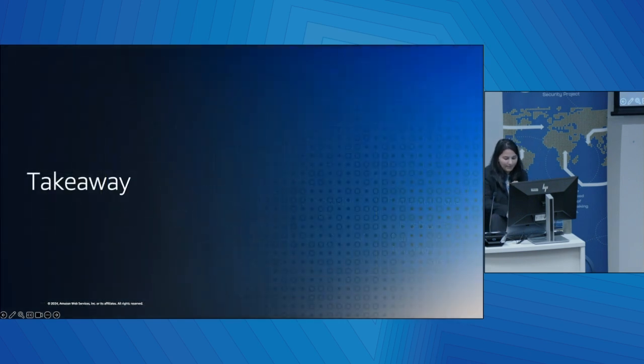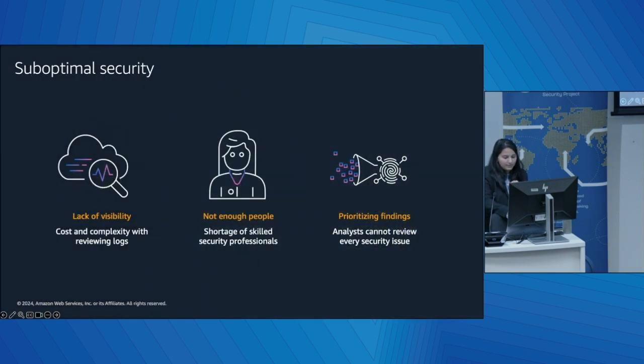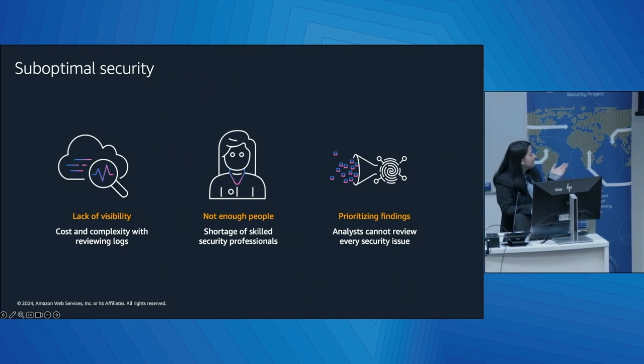Usually the reason for suboptimal security is that we have a lack of visibility, we don't have enough people, and we are not able to prioritize. So it is all because, again, the leaders and the people don't see security as the first thing.